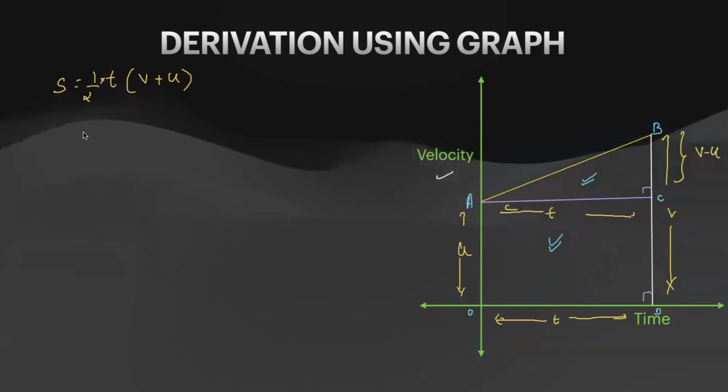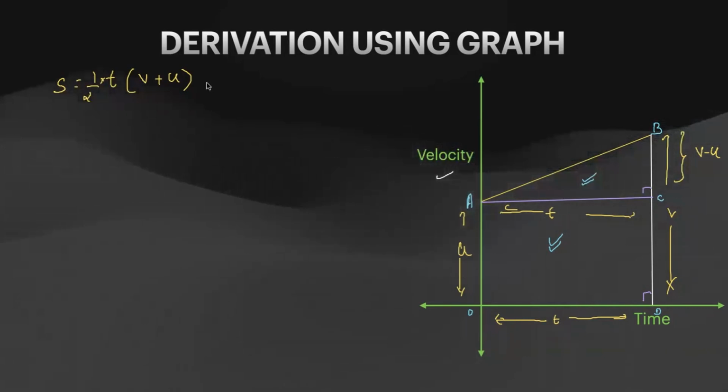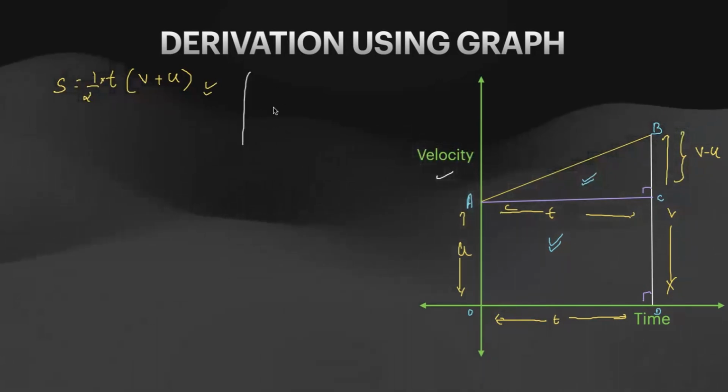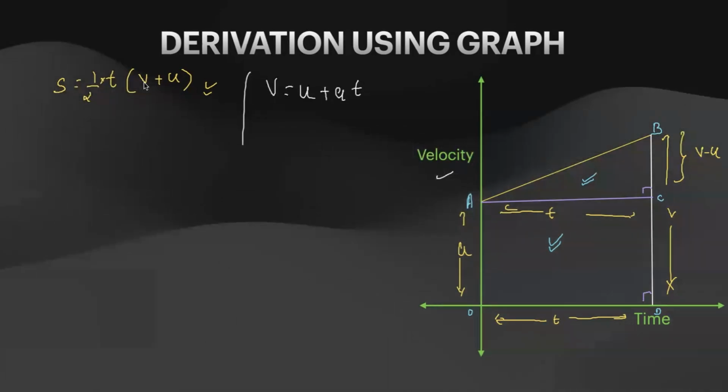So what was the second equation of motion? S is equal to ut plus half at square. Do you see any final velocity v in that equation? No. But here we have final velocity, so we have to get rid of it. How? Remember the first equation of motion, v is equal to u plus at.